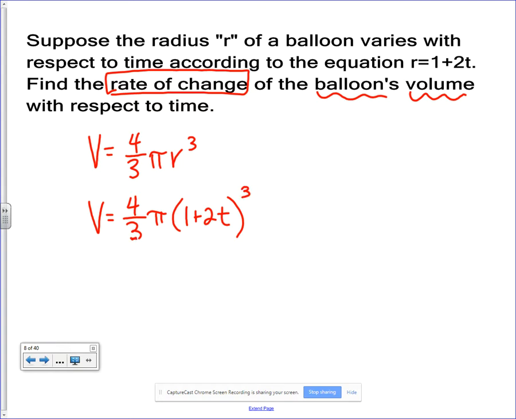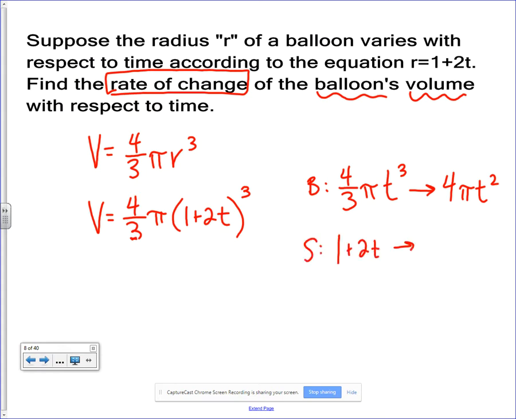So my big function is going to be that, which when I derive it, gives me that. My small function is going to be what's in the parentheses. And when I derive it, I just get 2. All right, so let's find the derivative of volume with respect to time.